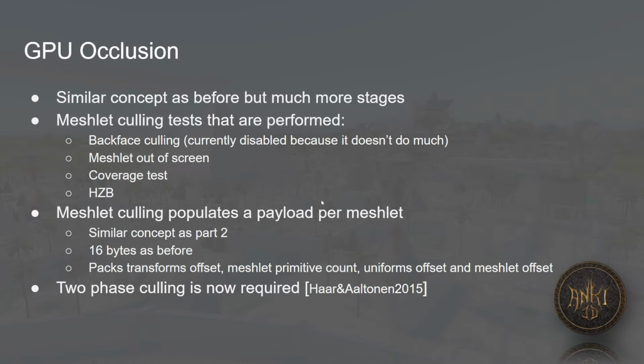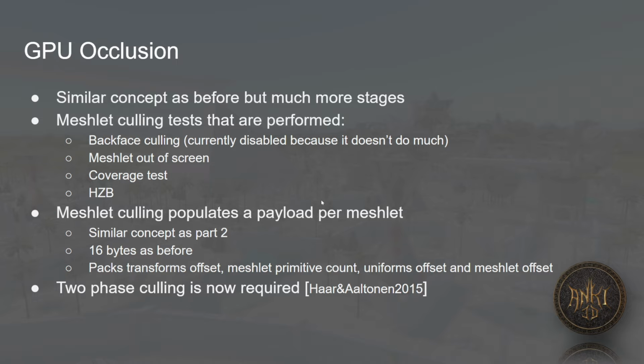We are also checking if a meshlet is out of screen and if it's touching the sampling points, and finally hierarchical Z-buffer testing. The result of the culling is similar as before, 16 bytes per visible meshlet that packs the offset to transforms, the meshlet primitive count, offset to uniforms, and offset to the meshlet. This is the payload.